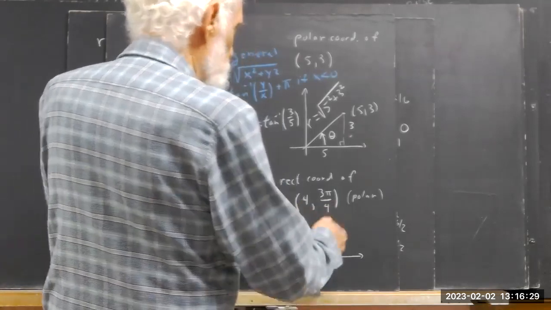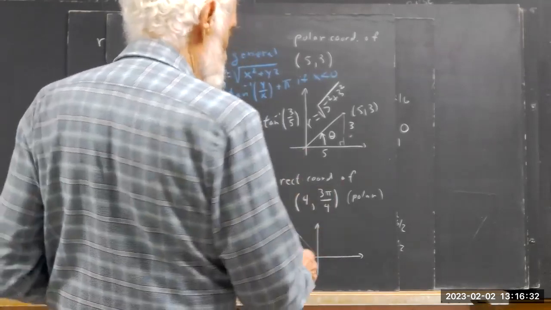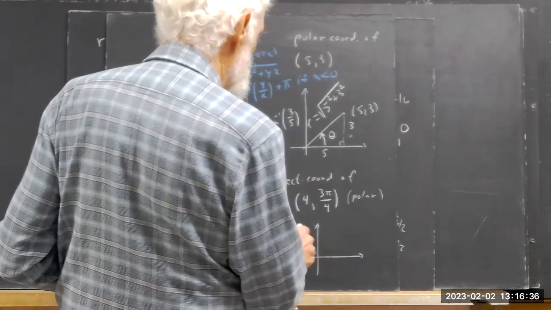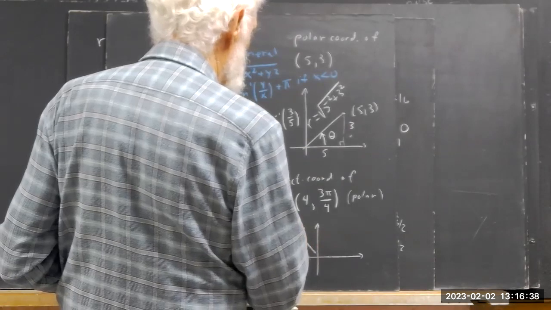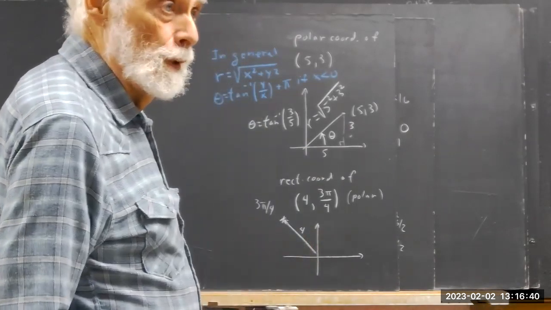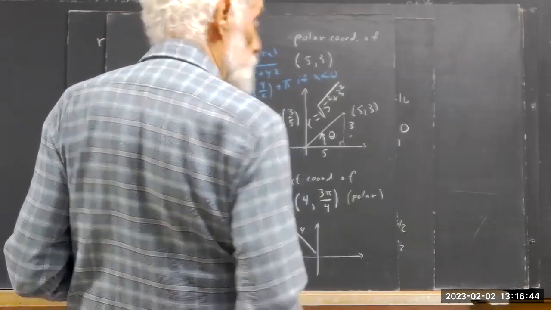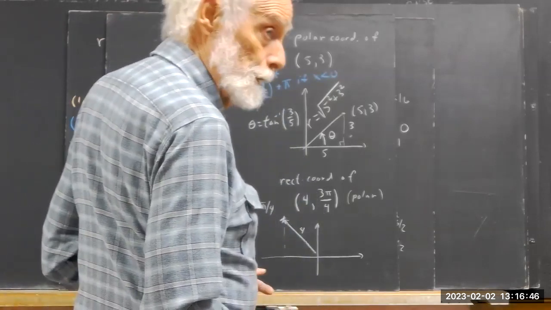That's 135 degrees. Then we come out 4. There's the point. What are the rectangular coordinates?